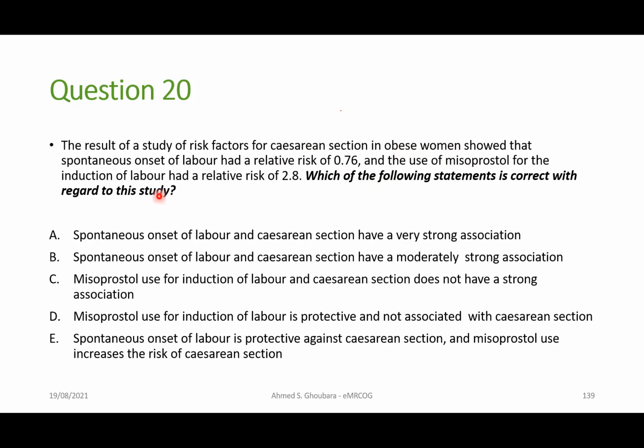The study showed that for spontaneous onset of labor, the relative risk for cesarean section, which is the outcome, is 0.76. But if you're using misoprostol, the relative risk has become 2.8 instead of 0.76. So how do you infer? What do you think about this?